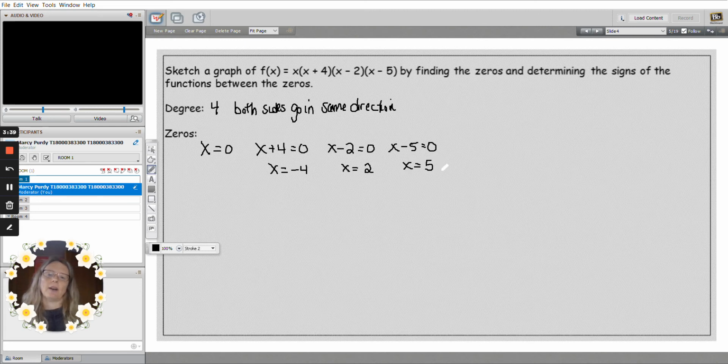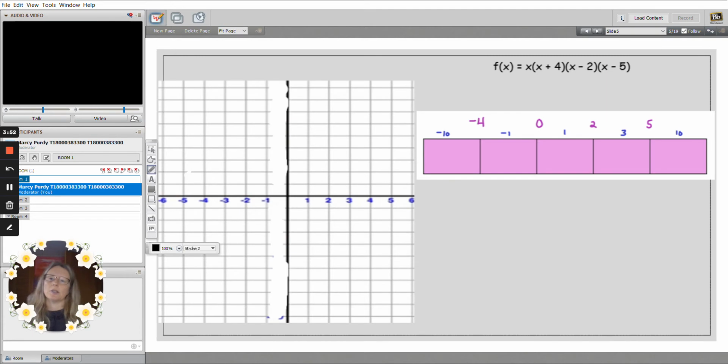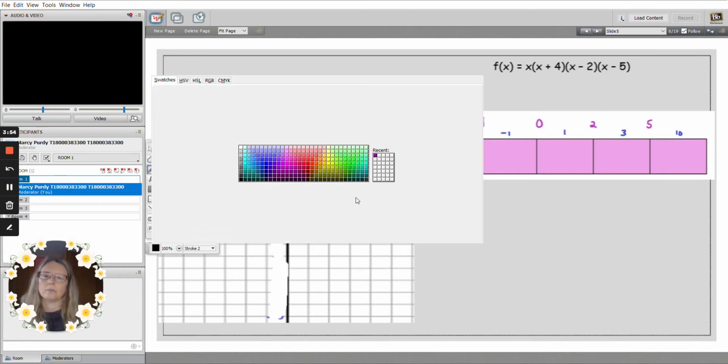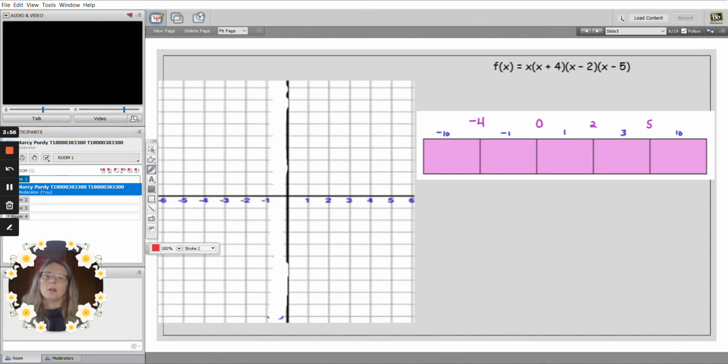And we add 5 and we get x equals 5. So our zeros are negative 4, 0, 2, and 5. So we're going to graph those on the x-axis here. So here's 0, here's negative 4, here's 2, and here's 5.